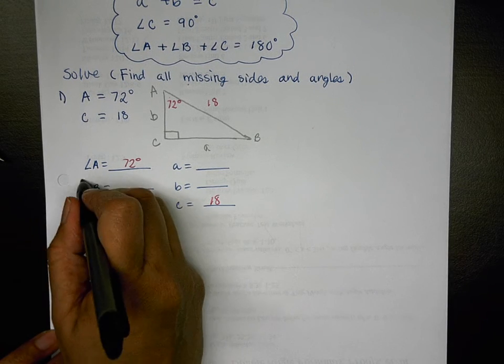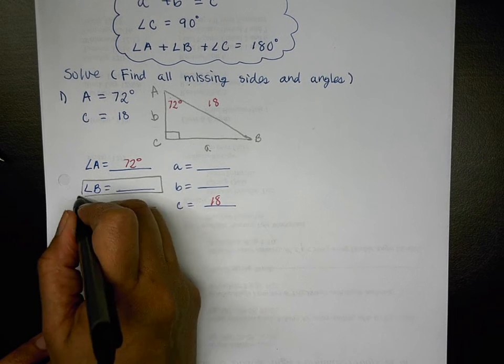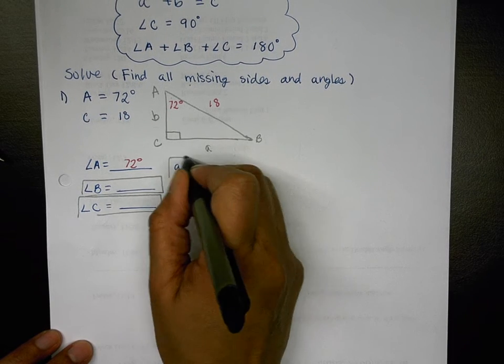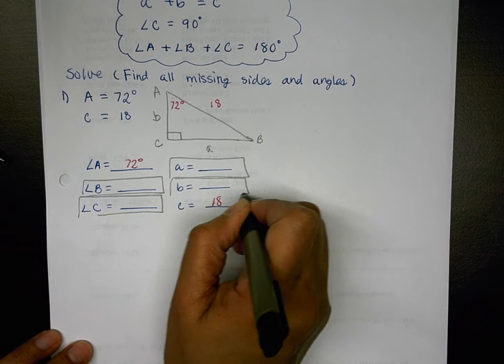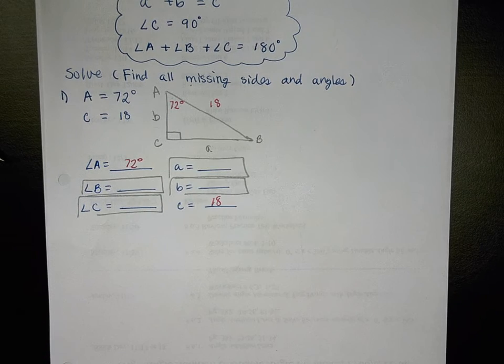So this is what I'm looking for, and this, and A and B. Now I just listed everything to keep it organized, but I'm only boxing in what I don't know. Okay, but again, I'm trying to keep it organized. Any questions? No questions?